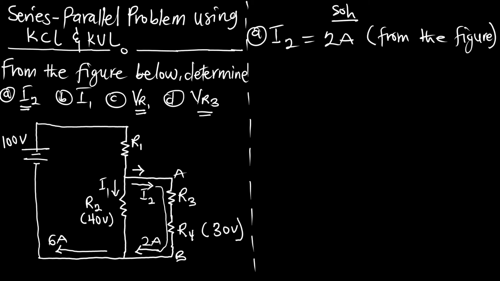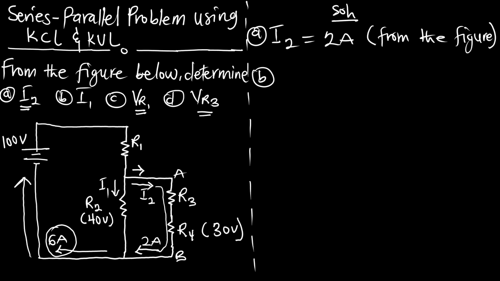Now let's look at the B part, which says we should find current I1. So how are we going to find the I1 current? From the figure, what do we see for the B? We can also see that there is a 6 amperes current flowing through the circuit.